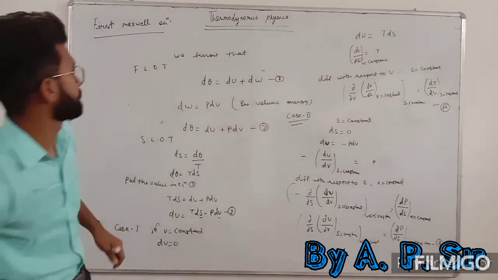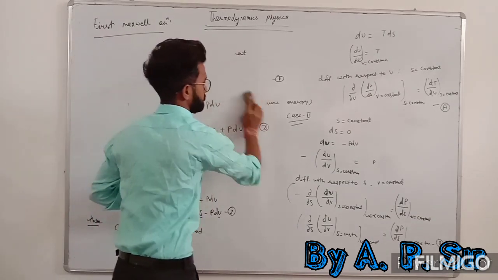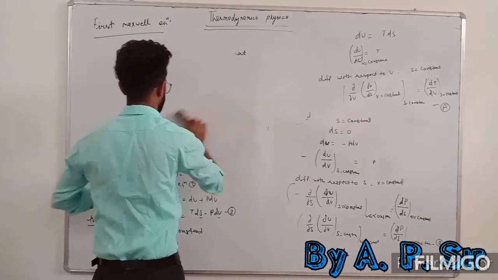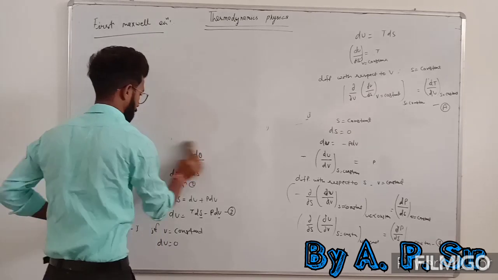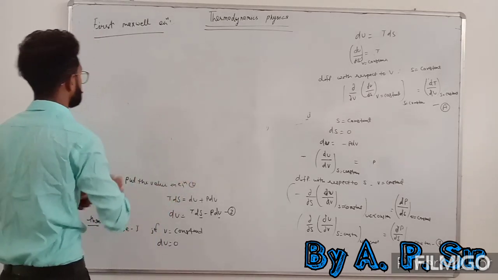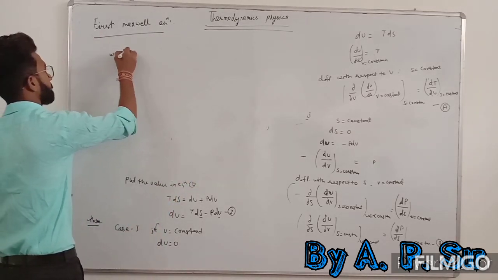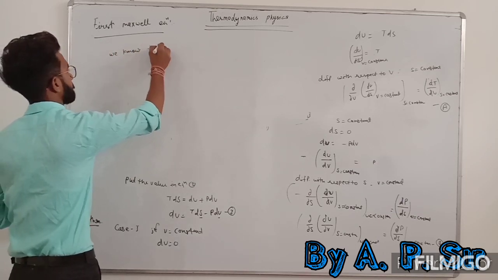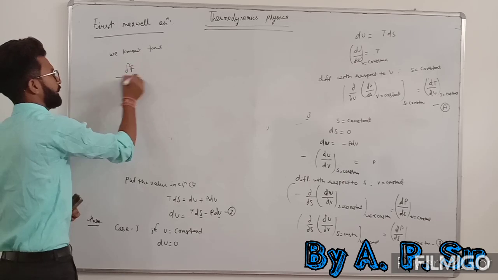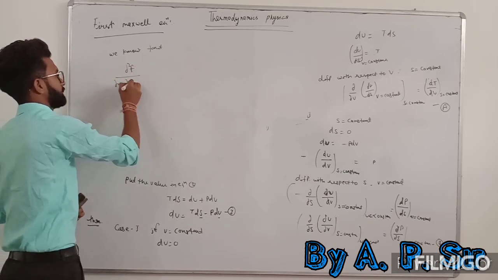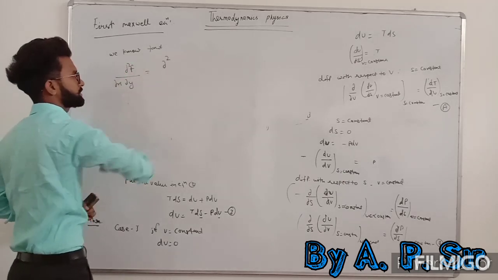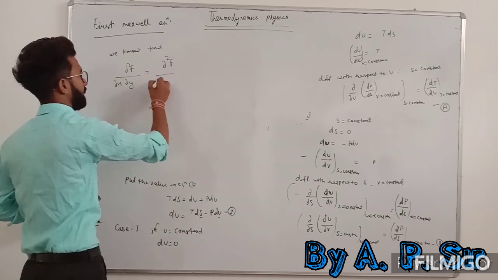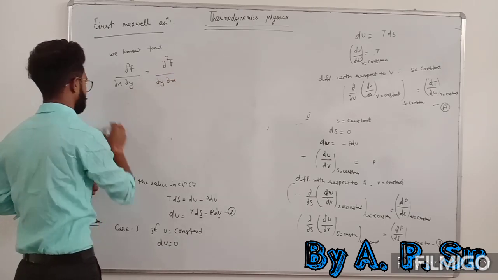Then we know that del square f upon del x del y is equal to del square f upon del y del x.